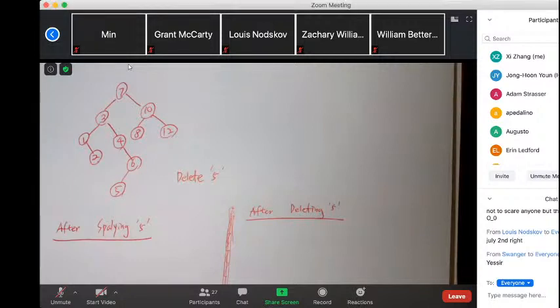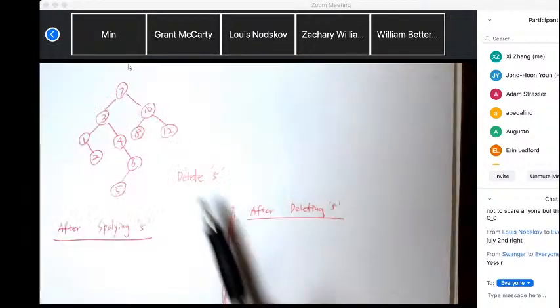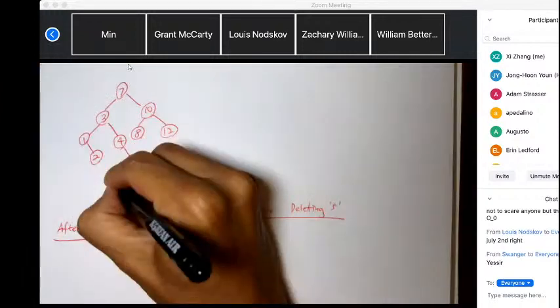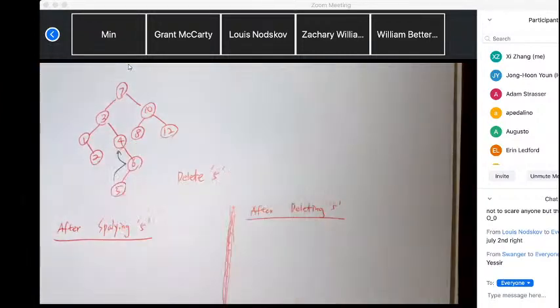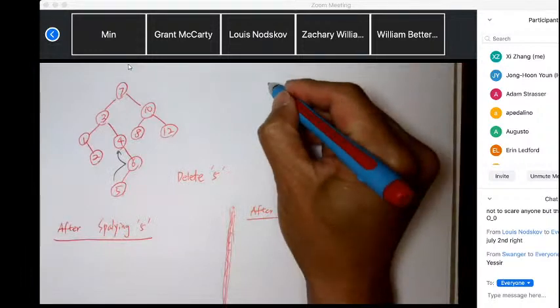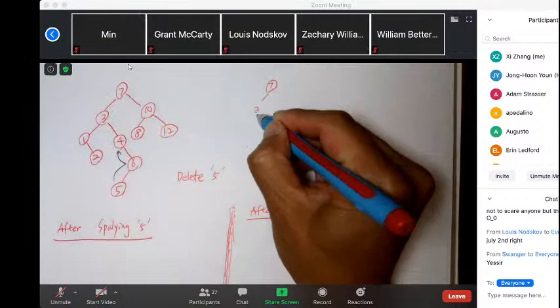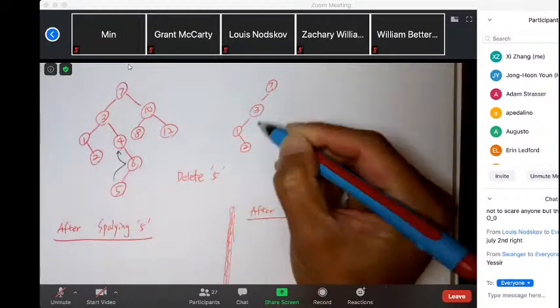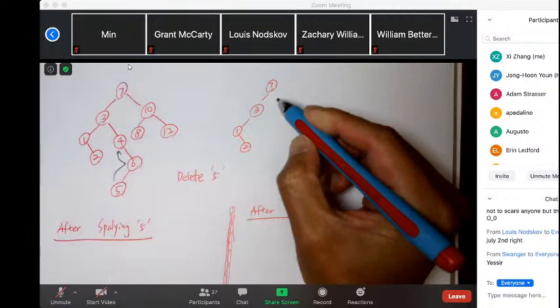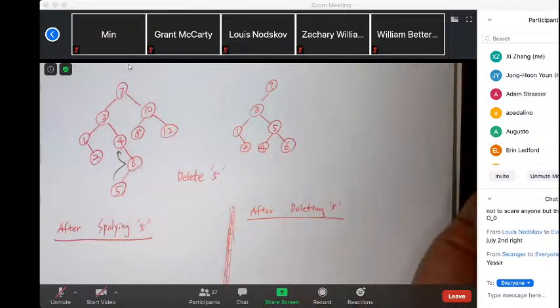Okay. The first rotation is a zig rotation. So after rotation, 7 is still the root, and 3, 1, 2, and 5, 4, and 6, and still have 10, 8, 12.